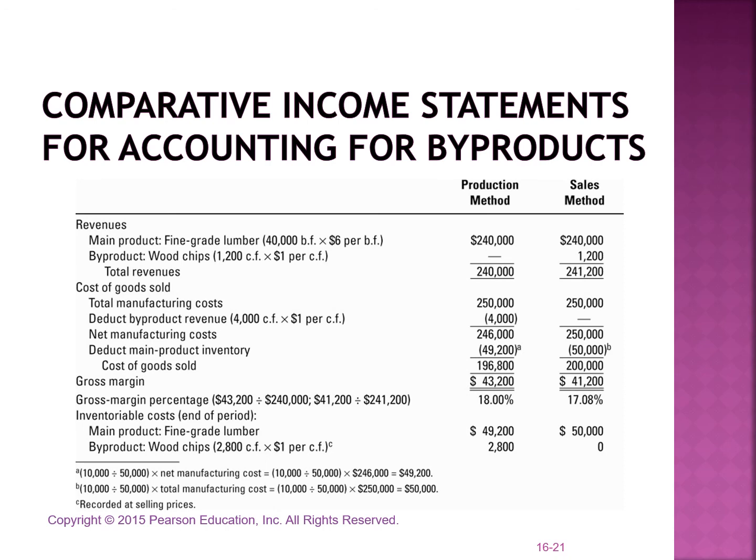Then I deduct the main product inventory, as you can see here, and this will be the cost of goods sold, and the gross margin percentage will be like that. In the first method, I'm not considering it as revenue, I'm considering it as a reduction in the cost. But in the sales method, I will recognize it as sales, because it has been sold for an amount of money.